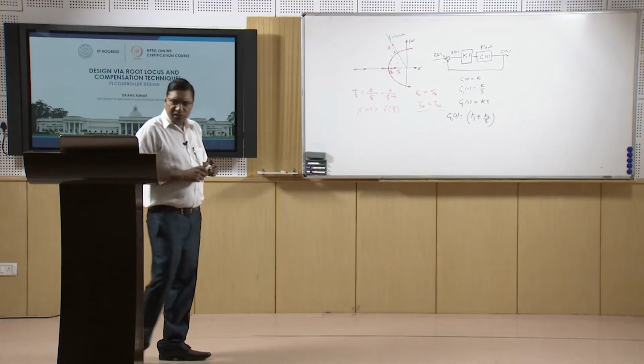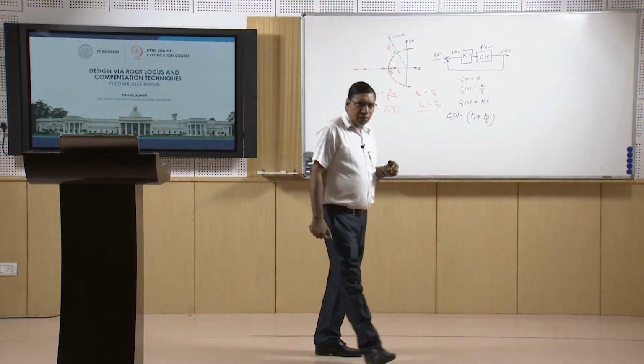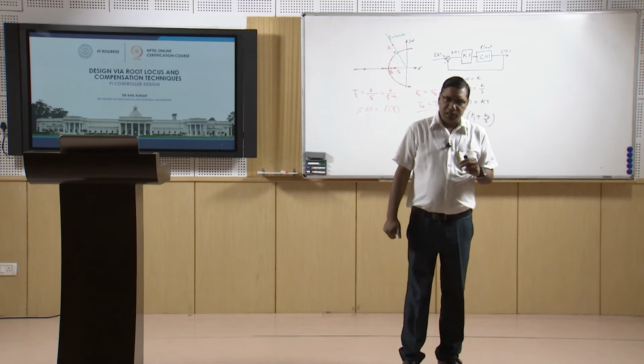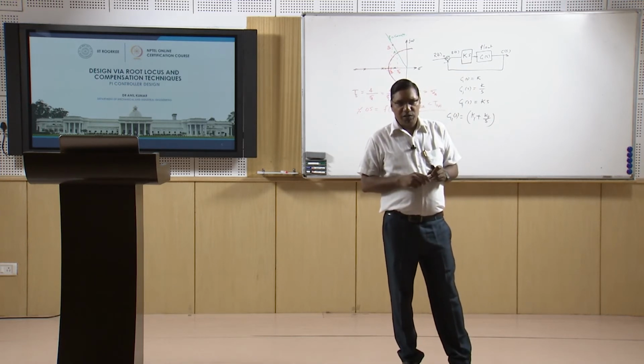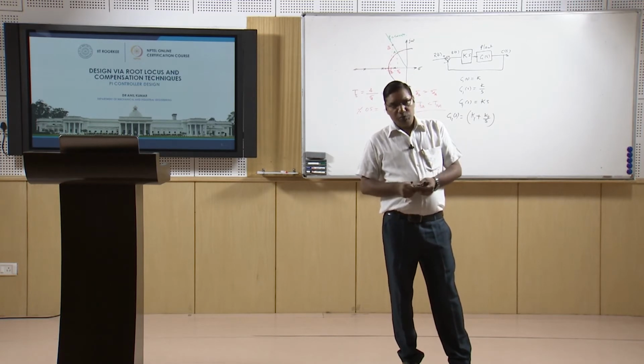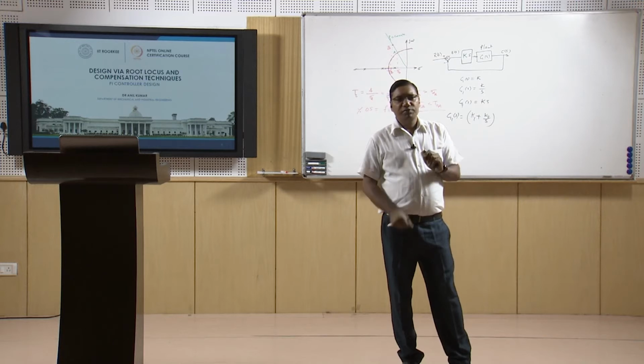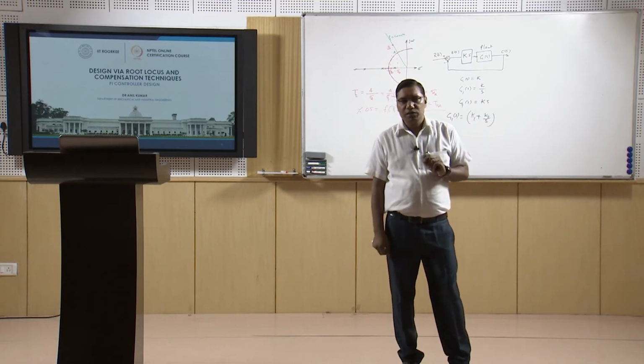So let's discuss the ideal integral compensation, and we also call it PI, proportional plus integral compensation. The objective of this compensation is to improve the steady state error without affecting the transient response of the system.